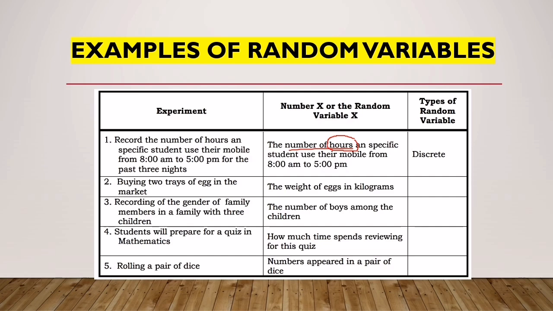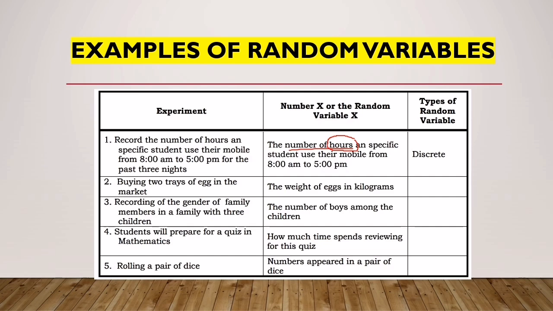We are concerned about the hours. Hours can be 1, 2, 3. Hours are expressed as whole numbers. But if the random variable is the time, of course, it is already continuous because time can be expressed as hours, minutes, seconds, and so on.